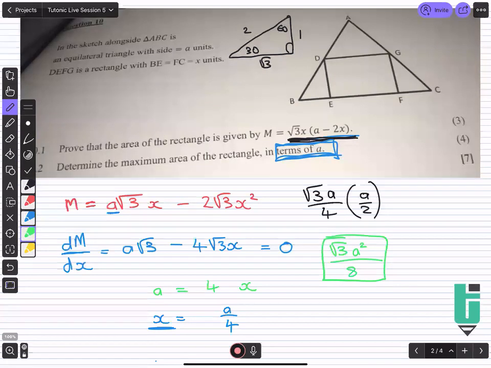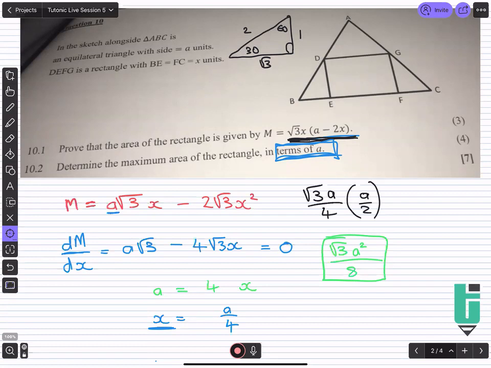Do you just have to maximum area? What do they mean by maximum area? Have you covered calculus yet, Kai, in class? Not at all. Okay, that's okay. Basically, the maximum area is something that we work out in calculus, where we put the derivative equal to naught.